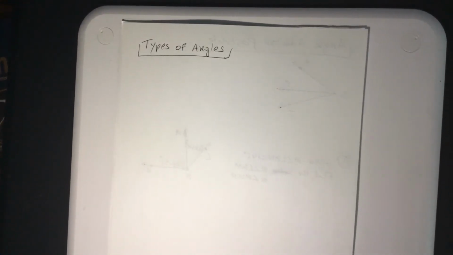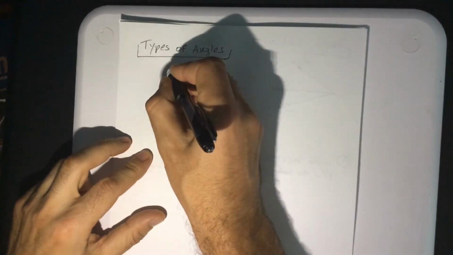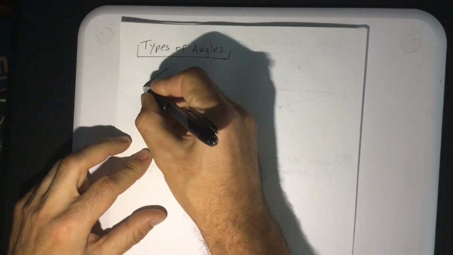Okay, so now let's talk about the types of angles in geometry. These are the basic ones. First of all, you got the acute angle. It looks like this, something like that.